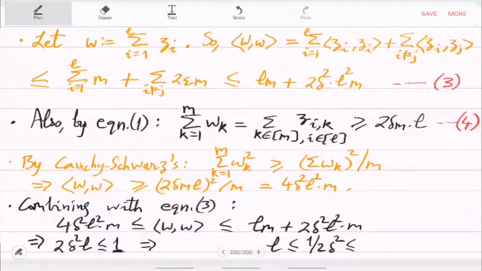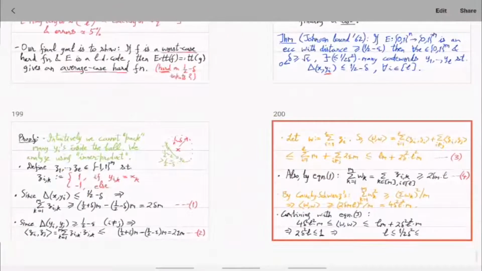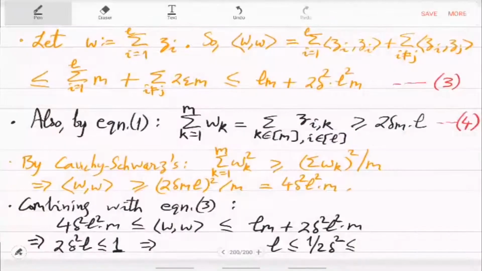Okay, and since delta was more than square root epsilon, you will get 1 over 2 epsilon also. So, basically for error correcting codes of distance half minus epsilon, the list is no longer than 1 over 2 epsilon.